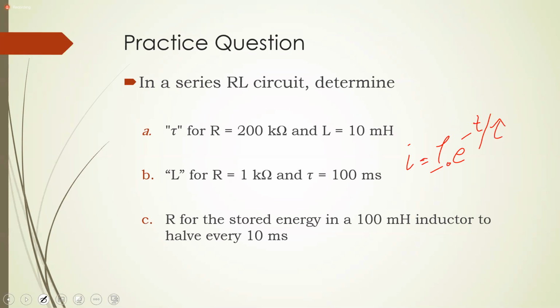So it means therefore that I over I naught must be equal to 1 over root 2, and that's equal to e to the minus t over tau. Is there anyone who does not understand why it is 1 over root 2?